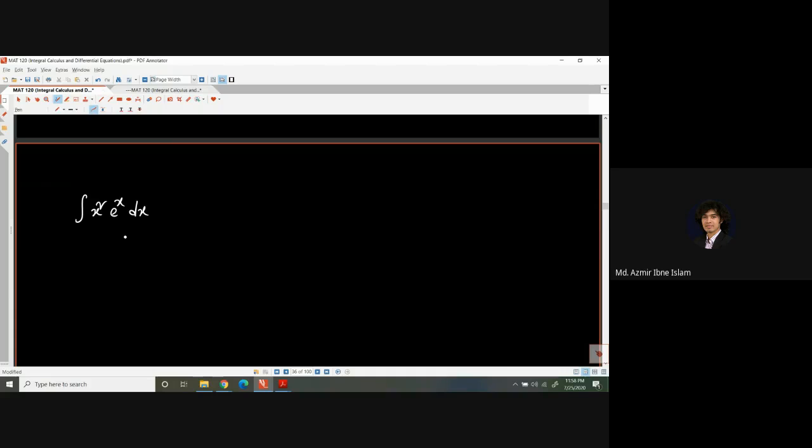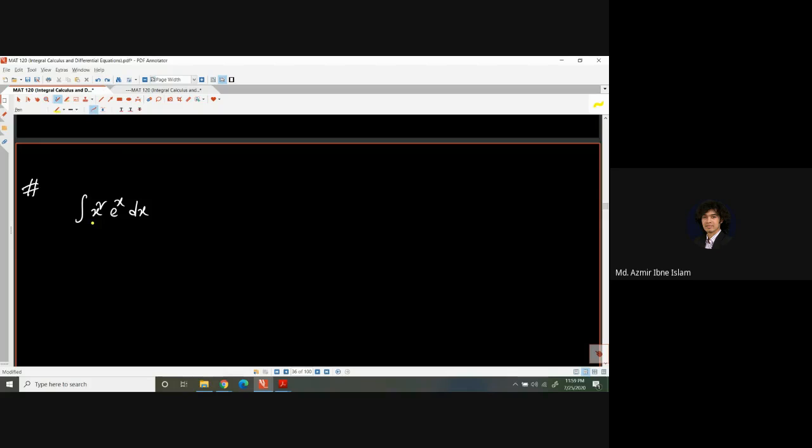I am taking one indefinite integral now, because already I hope you have understood what is integration by parts. But don't forget that besides integration by parts, we have to learn what is the tabular method. But before that, let's try to solve this integral using the integration by parts technique.